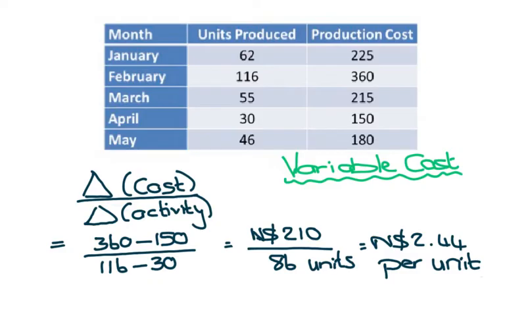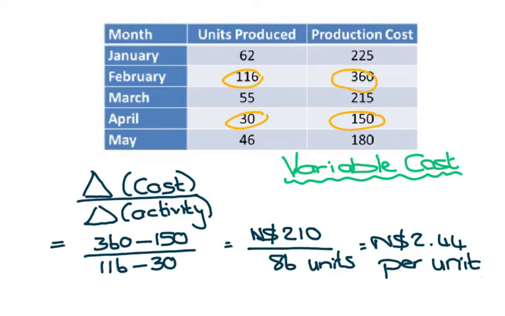So let's quickly do this one. We have 360 less 150, 116 less 30. I can encircle those ones again so that we remember. If we deduct 150 from 360, we will have 210, then divided by 86 units. How did I get the 86?